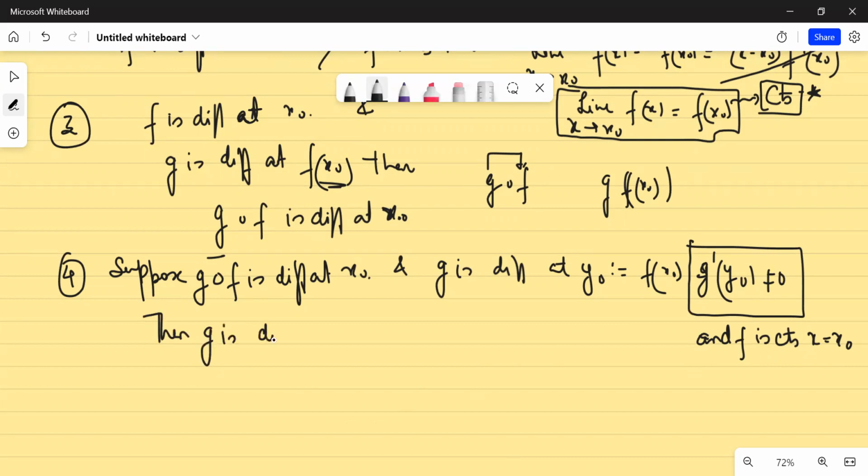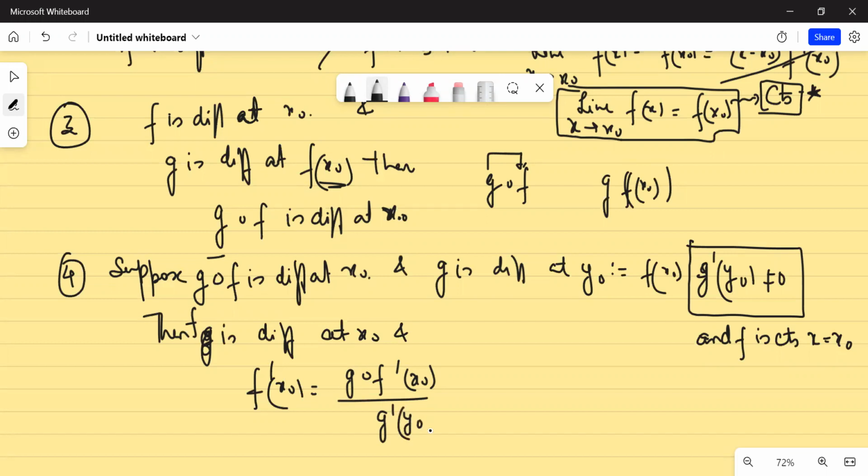then f is differentiable at x naught, and this f dash x naught you can write as simply the derivative of g of f at x naught divided by g dash y naught. I'll explain this, don't worry.